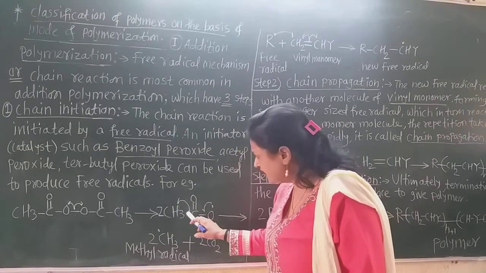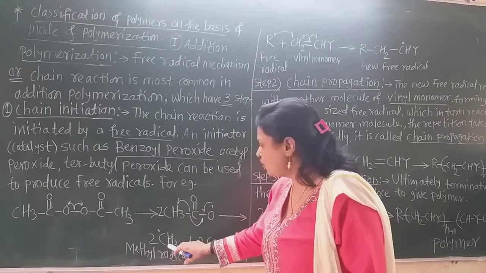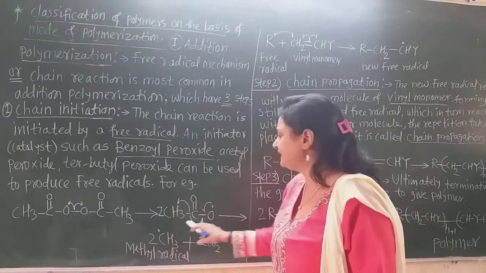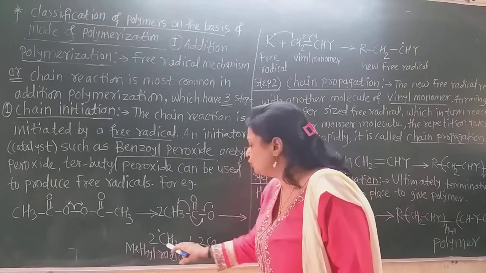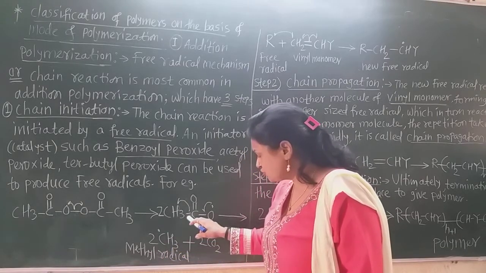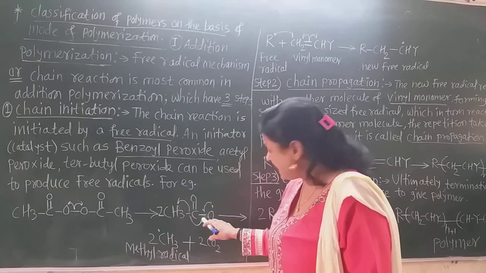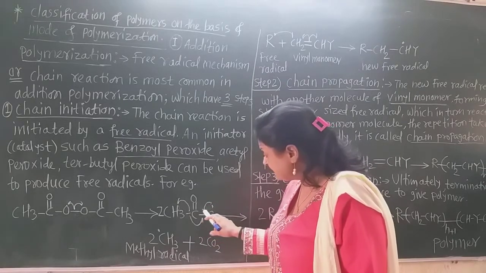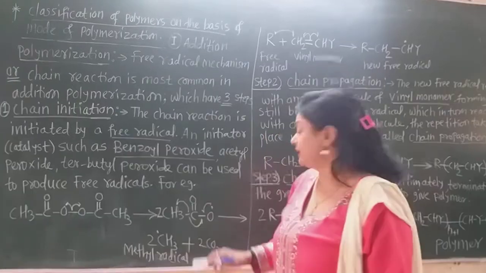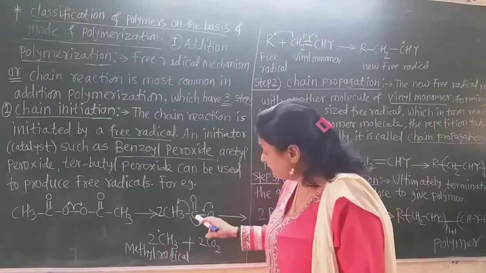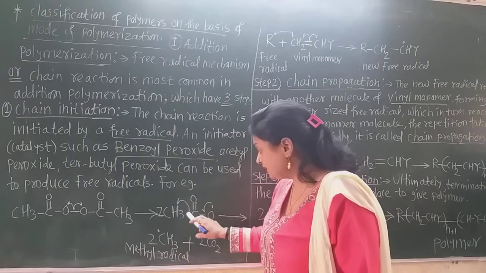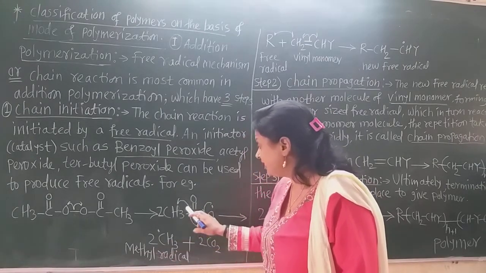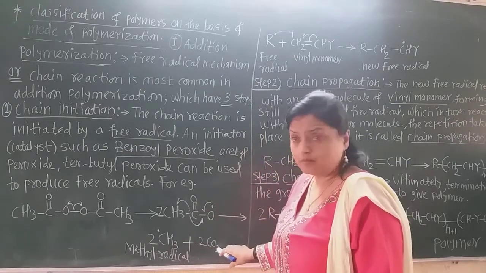That means one electron is retained on these two methyl free radicals, because there are two acetyl free radicals, so there is formation of two methyl free radicals, and this odd electron gets added with the odd electron on the oxygen atom, and there is again the double bond between the carbon and this oxygen. That means this breaks from this methyl free radical. There is formation of two methyl free radicals, and two carbon dioxide molecules are formed.